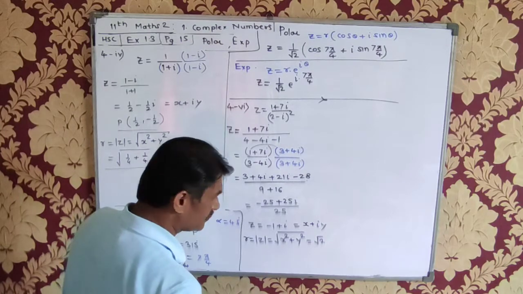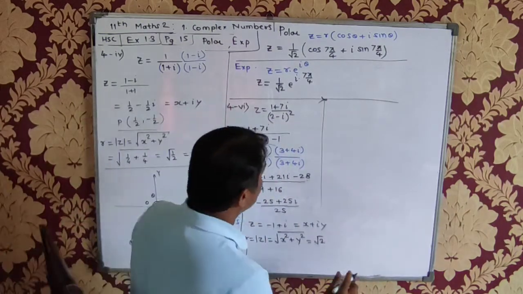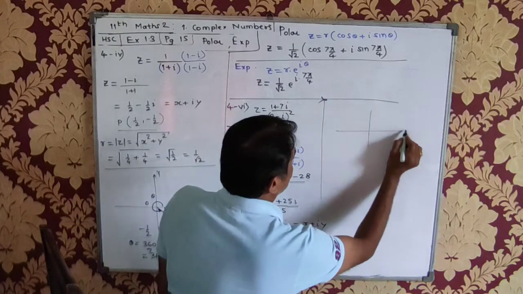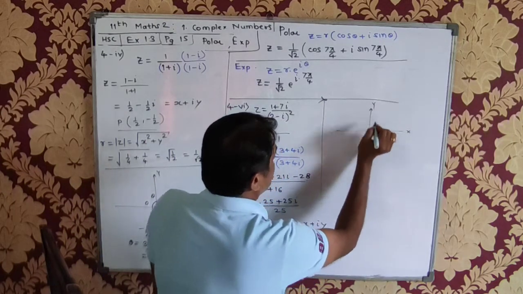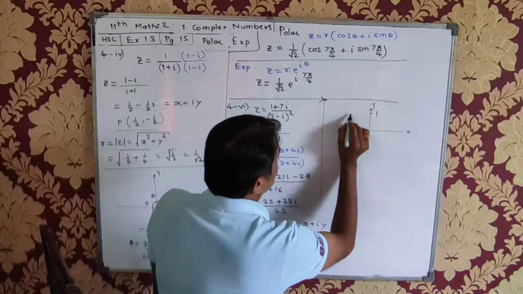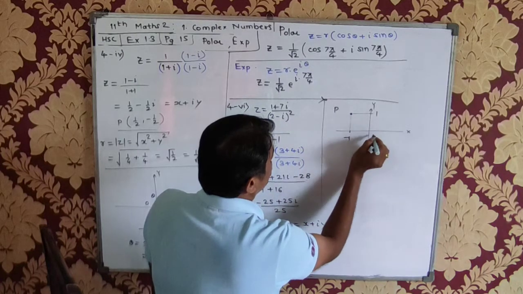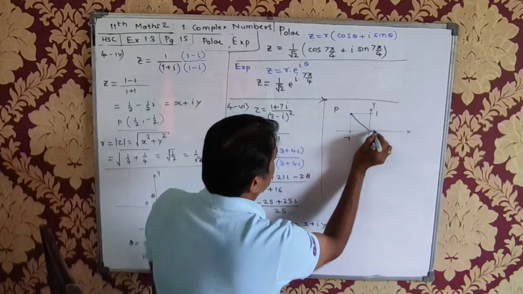Now I have to find theta, the angle. On the Argand diagram, x axis, y axis, the point minus 1 plus 1 is in the second quadrant. This is minus 1 and this is plus 1. This is point P, this is O, and this is angle theta.